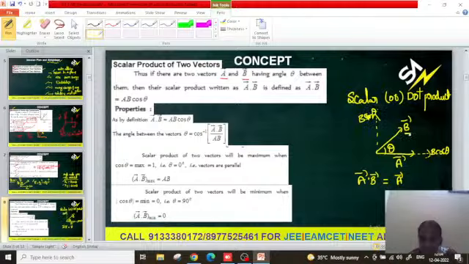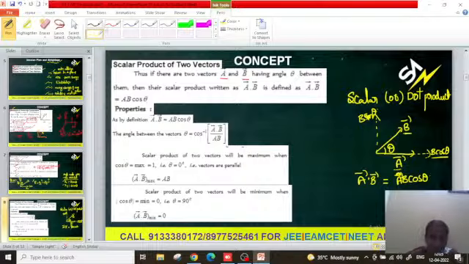Now the vector B resolving into its components, the dot product of these two vectors can be written as the product of vector A and the component of vector B along the direction of A. So the component of vector B along the direction of vector A is B cos theta. So you can write it as AB cos theta.